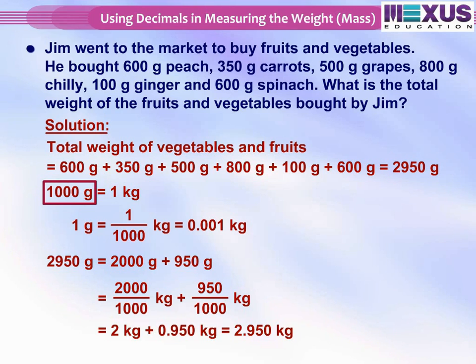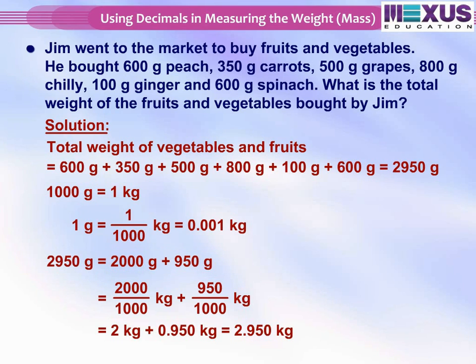We know that 1000 grams is equal to 1 kilogram. Therefore, 1 gram is equal to 1 by 1000 kilograms, which is equal to 0.001 kilogram.